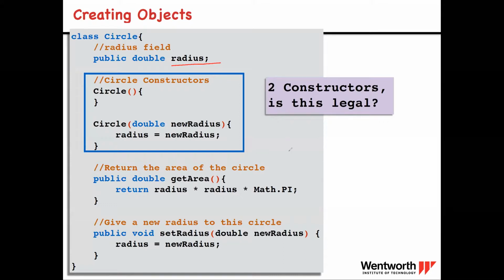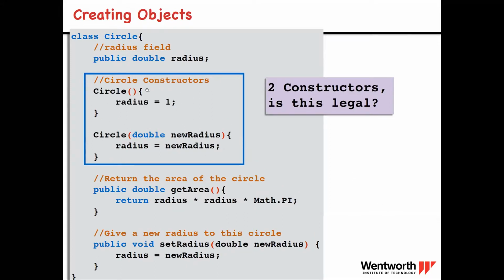The second constructor sets the radius based on whatever you entered. But if I use the first constructor, what's the radius? It never gets set. The object is created, but the radius is never actually set. That's typically a bad idea. You want to make sure that the data that needs to be initialized is initialized in every constructor that you have.